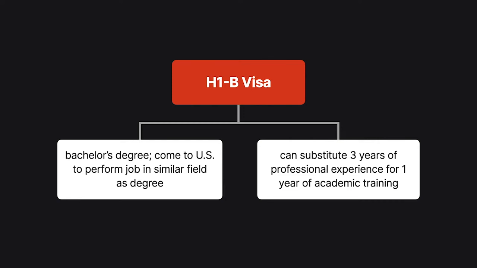Now, what counts as the foreign equivalent of a bachelor's degree could be the topic of an entire sub-training. So for now, just note that in each case, you'll have to engage in that analysis of whether the foreign national's foreign bachelor's degree is the equivalent of a U.S. bachelor's degree. So that's the broadest definition.